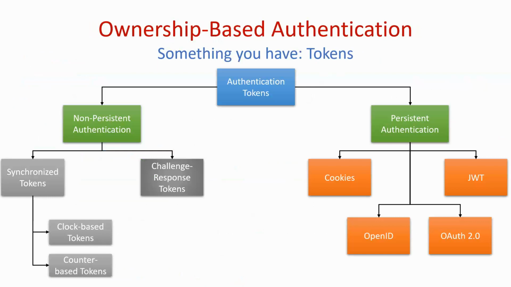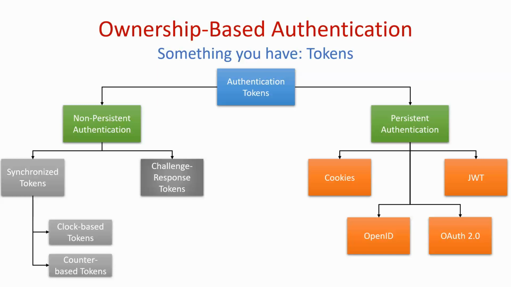The final type of user authentication that we will discuss, and we'll actually spend the rest of the lecture discussing it because it's one of the most widely used authentication methods in modern systems, is ownership-based authentication, or the authentication that is based on something that you have or something that you own. And here, something that you own doesn't actually have to be a physical item.